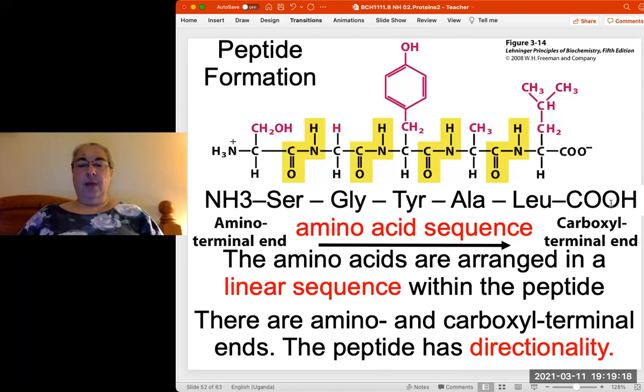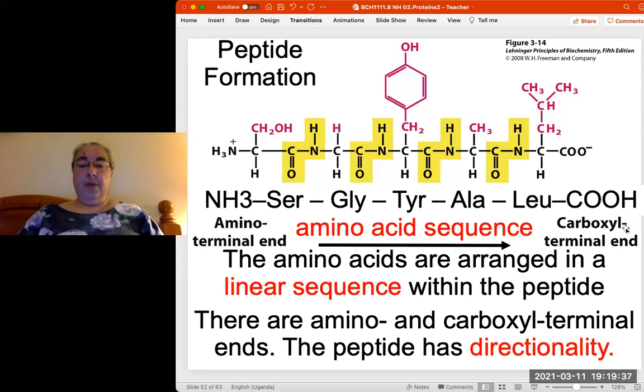Okay, so amino acid sequences are always read from the amino end to the carboxyl end. And you'll understand why that is when you study protein synthesis in molecular biology next semester.